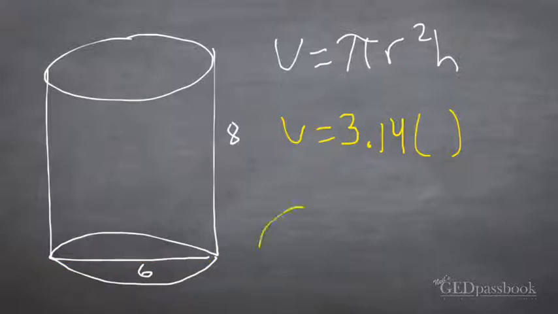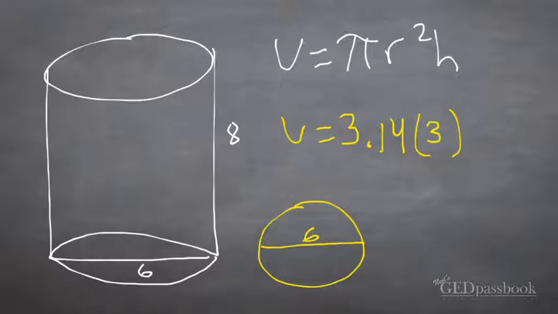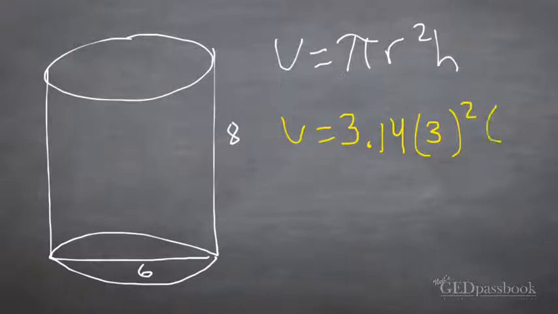If we just saw this from the top view, all we would see is this, 6. And do we recall what the radius is? It is half of the diameter, which means half of 6 is 3. So it's 3 squared times h. And what's h in this specific case? Height, which is what? 8.